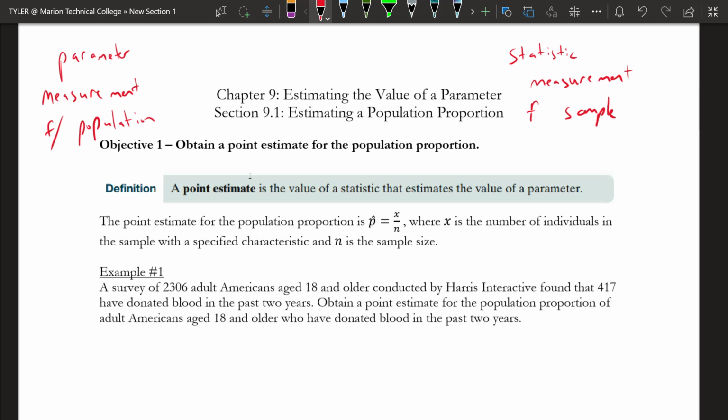So something you want to remember is that oftentimes when we're studying something, we want to know what the parameter is, what's going on with the population.